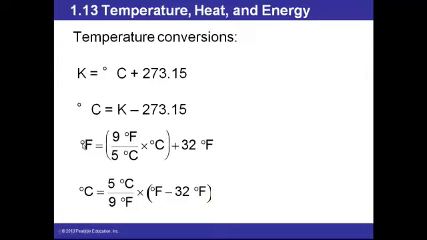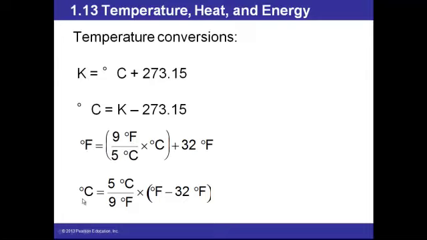So it would be 9 degrees Fahrenheit over 5 degrees Celsius times the Celsius degrees that you're given. So if it's 21 degrees Celsius outside, you could convert that to Fahrenheit. And then you have to add 32 degrees Fahrenheit at the end. So you do this calculation first, and then you figure out your degrees. We'll do a worked example of this here in a few minutes.